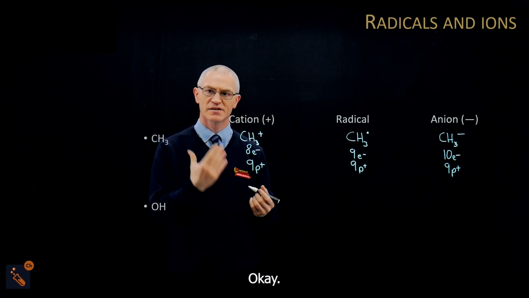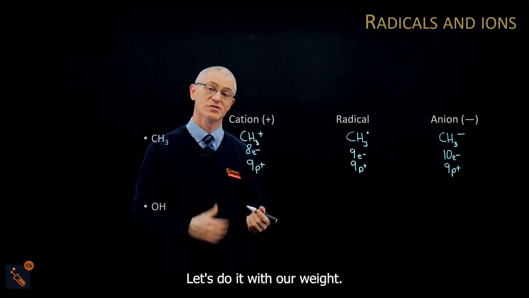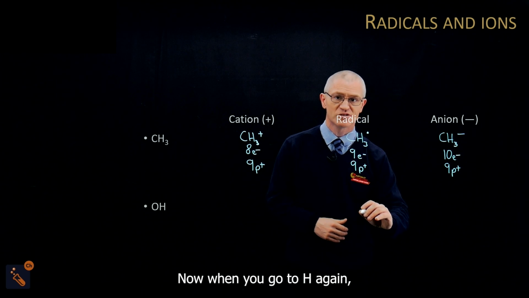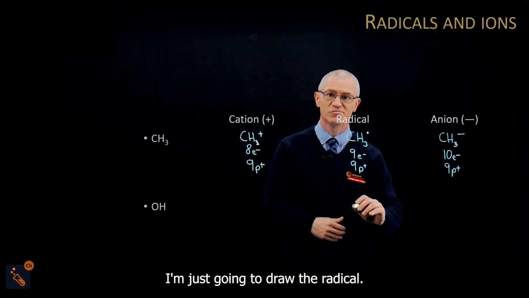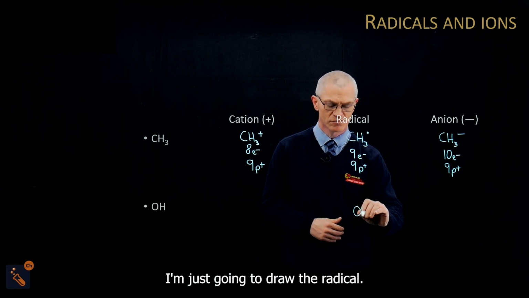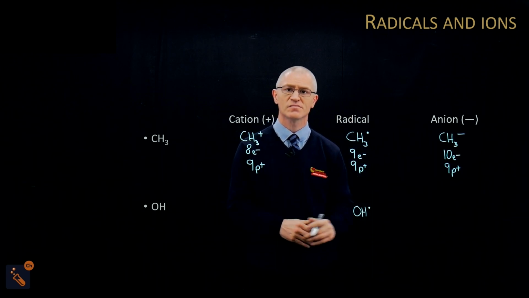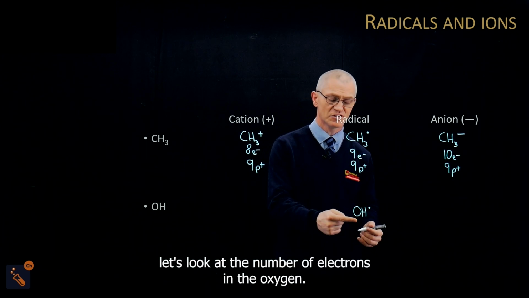Okay, let's do exactly the same thing, and let's do it with OH. Now, when you go to OH, again, I'm just going to draw the radical. So that's going to be OH dot. So if we look at OH dot, let's look at the number of electrons in the oxygen.